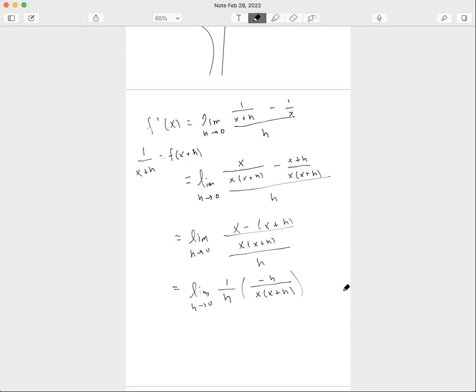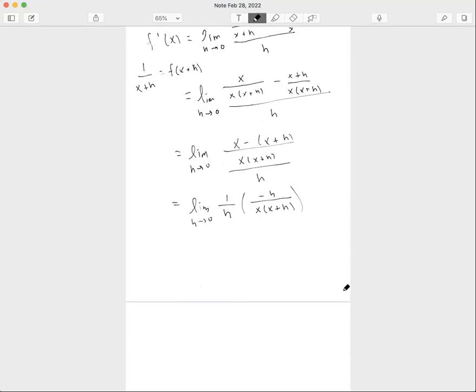Where we landed? Yeah. All right, so what can we cancel? Yes, I can cancel the h's. And now what is the limit? It's a little bit better. As h goes to 0, what happens? Yeah, negative 1 over x squared.